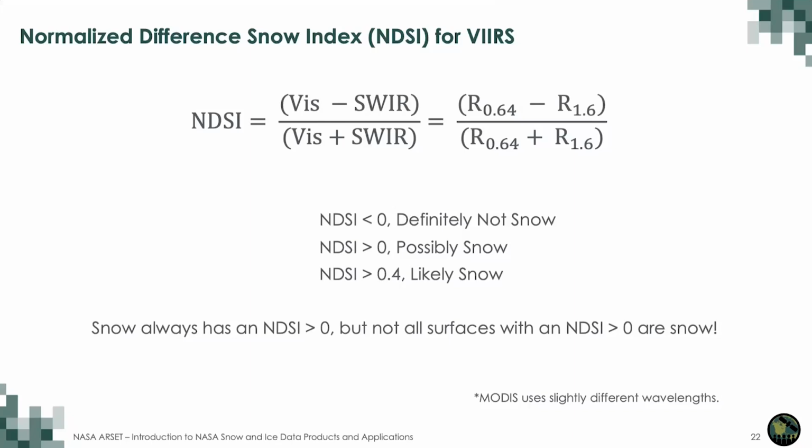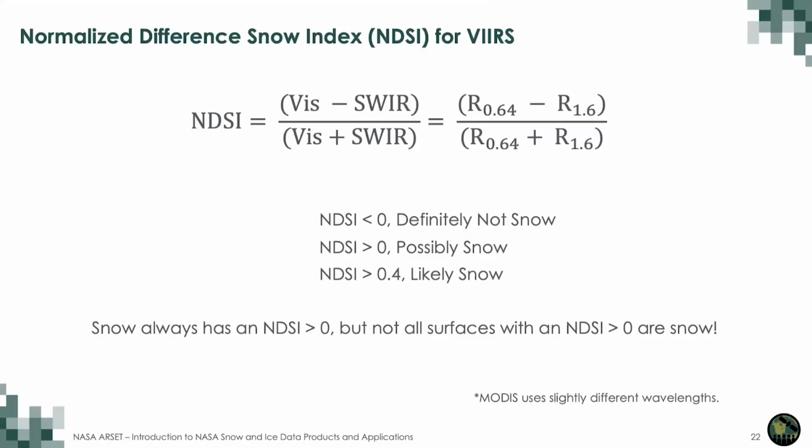And so if the NDSI is less than zero, we know it's not snow. If it's greater than zero, then it definitely could be snow. But low values that are greater than zero may not be snow.